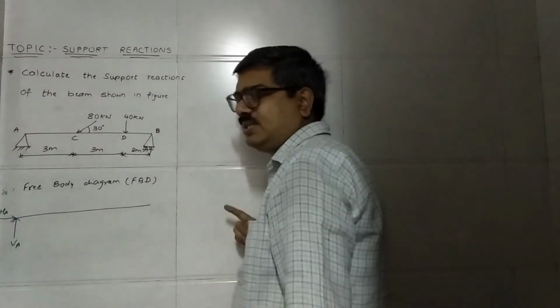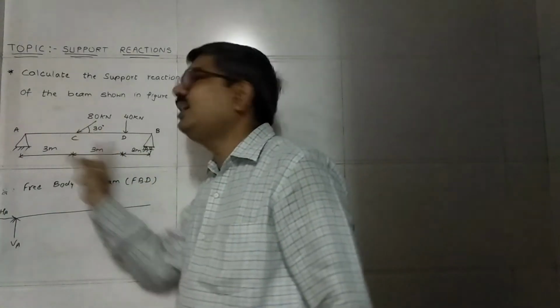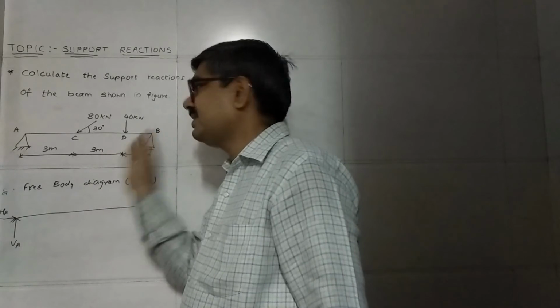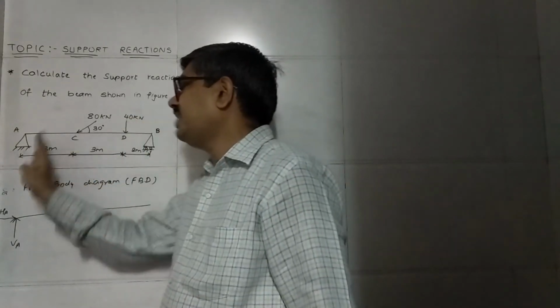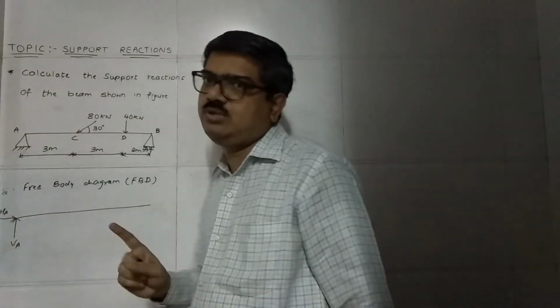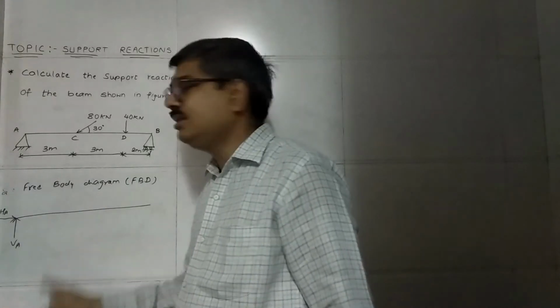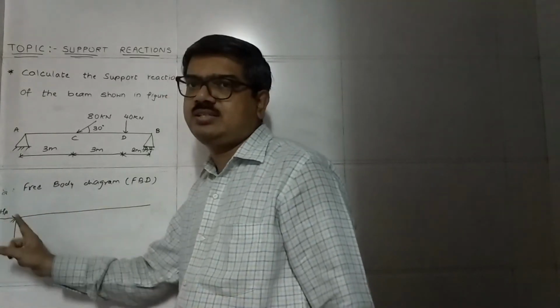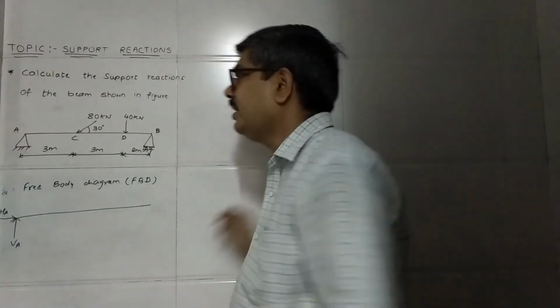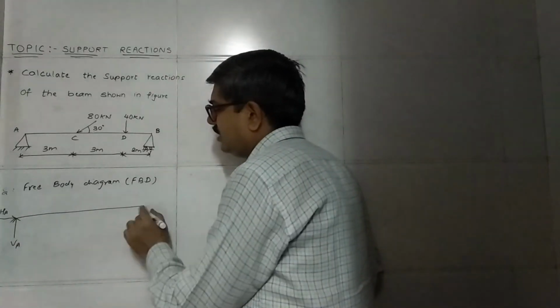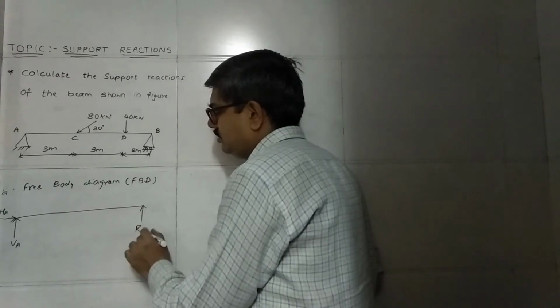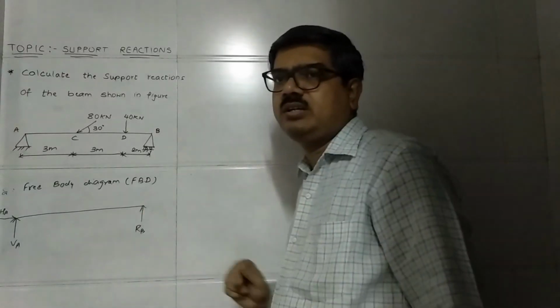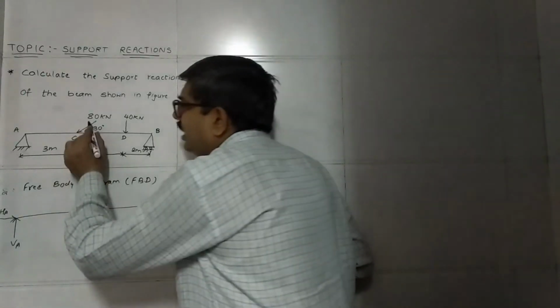Always remember, whenever there is an inclined load on a simply supported beam, at the hinge support there will be two reactions, vertical and horizontal both, and at the roller support you have to show only a vertical reaction, that is R.